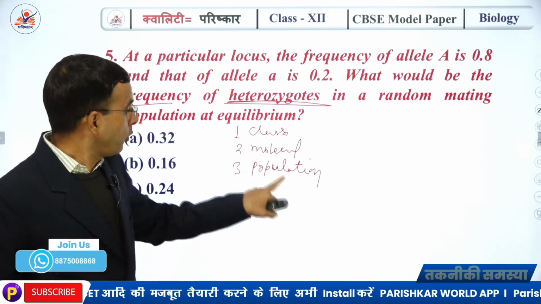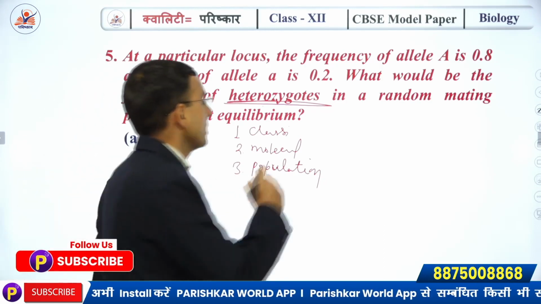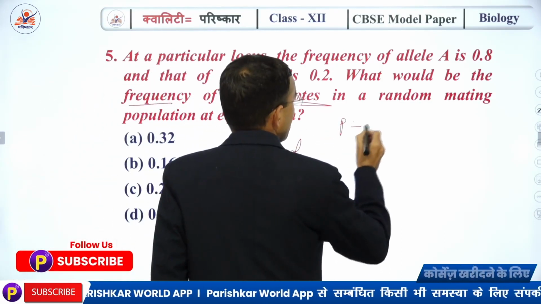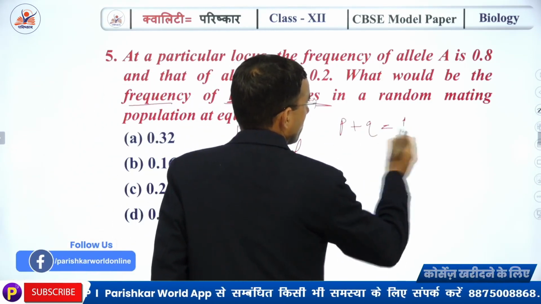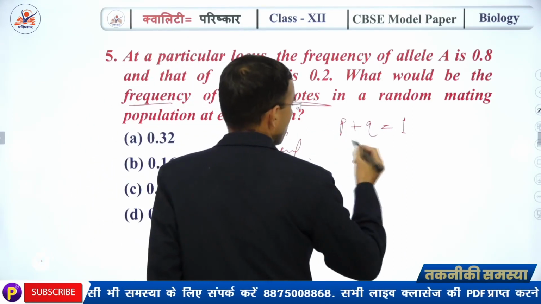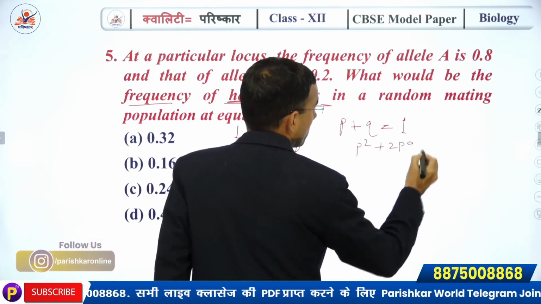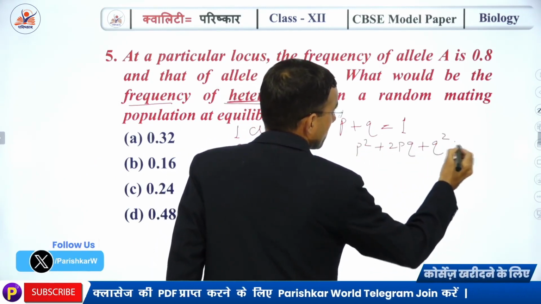For this, Hardy-Weinberg gave a law. Look at this: p plus q is equal to 1 at equilibrium, their sum is 1. After that, we calculate that p square plus 2pq plus q square is equal to 1.